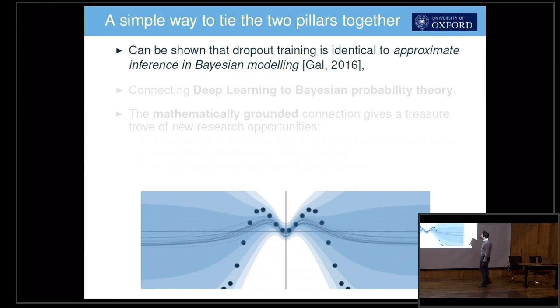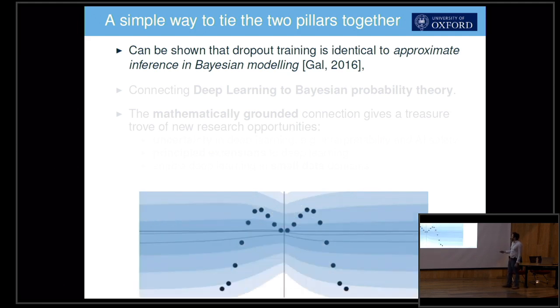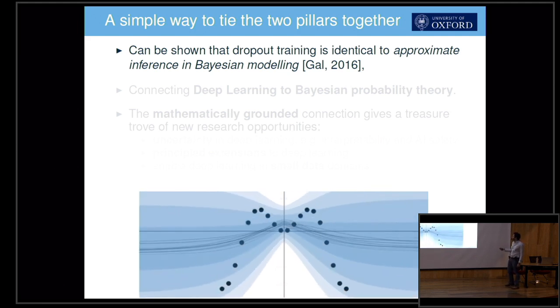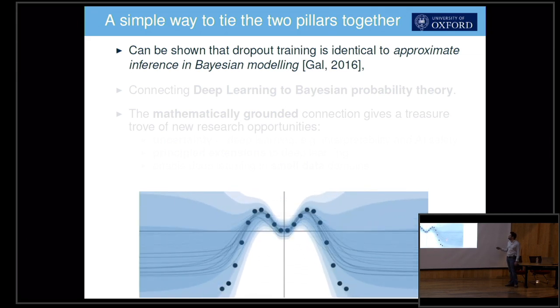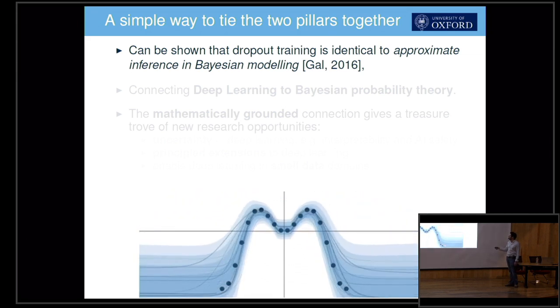And it turns out that we can show that dropout training is identical to approximate inference in some Bayesian model. This is a video of a dropout neural network fitting to this data set of some data points. You can see high uncertainty far away from the data, low uncertainty near the data. Each black line is a draw from the predicted distribution of functions. Each shade of blue is half a standard deviation.